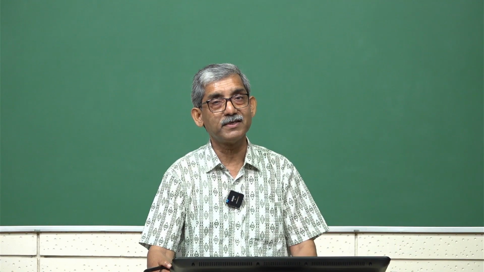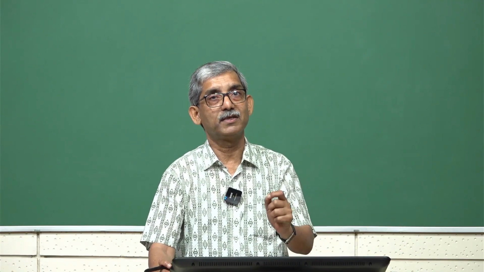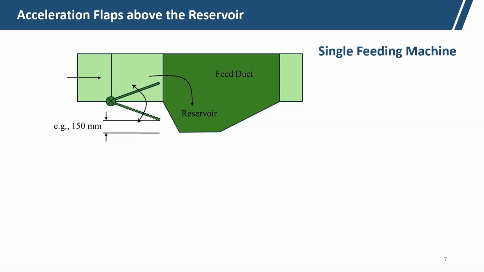So, there are two types of feeding machine, one is single feed machine, another is double feed machine. Now, this is the single feed machine and it is the accelerating flap of the reservoir. Fibers are fed here through this left side, coming along with the air.